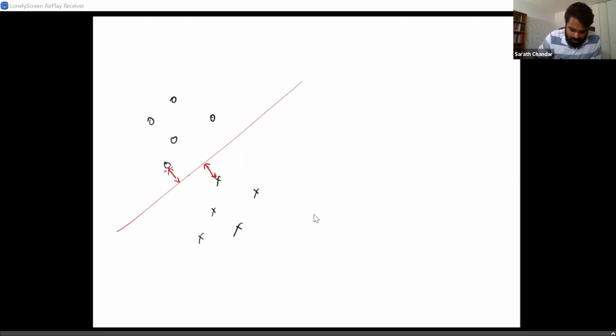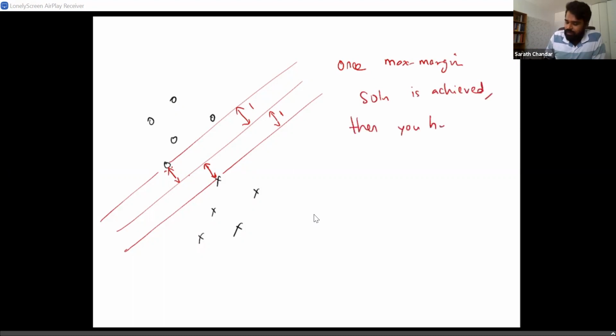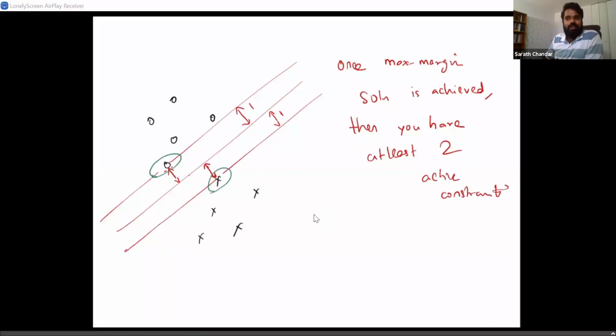In this case, this is your margin, which is 1. Once the maximum margin solution is achieved, you have at least 2 active constraints: 1 active constraint from the circle class and 1 active constraint from the cross class.